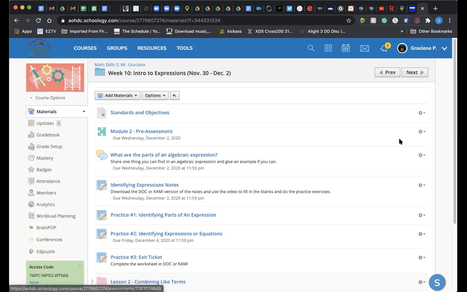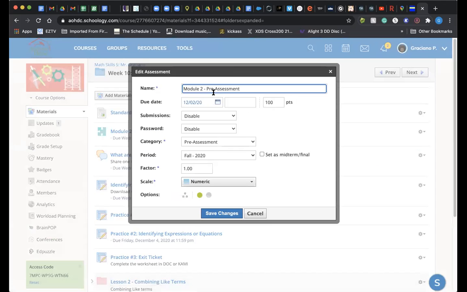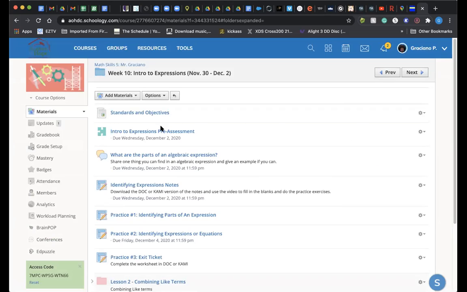It's the thing with the little puzzle piece, and I'll rename it because it should say Intro to Expressions pre-assessment. That's what you guys are working on. So make sure you work on the Intro to Expressions pre-assessment.